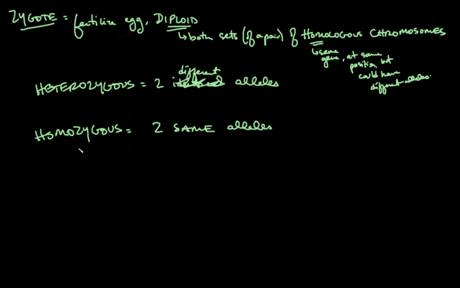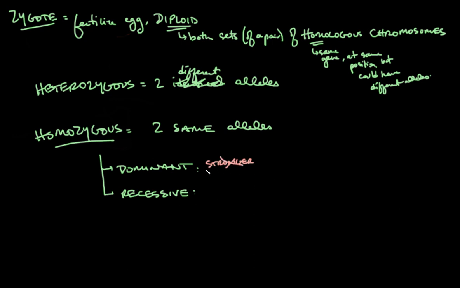we have another term that we need to use that we couple with homozygous, right? So it's either dominant or recessive. And I'm going to go through a little word exercise with you. Sometimes you might think of dominant as stronger, which means that maybe it overpowers the recessive one, but I don't want you to think of it that way. Dominant simply means when present, or when it's there, it shows as a trait.